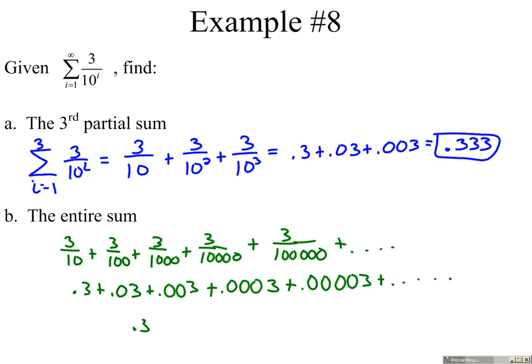Well, it's 0.3 repeating, and we know repeating decimals can be written as a rational number. 0.3 repeating is just the fraction 1/3. So not always will there be necessarily an entire sum, okay? And we'll look more at these types of problems in sections 8.2 and 8.3, where we'll have some formulas that we can use to find out these as well.